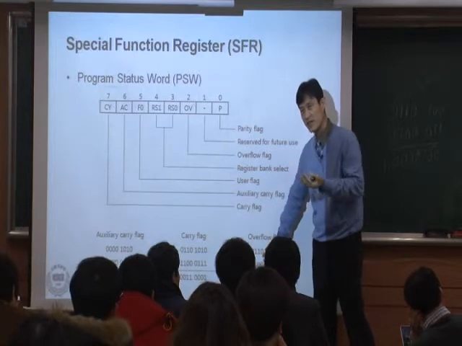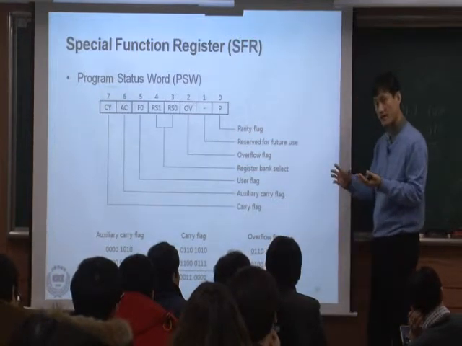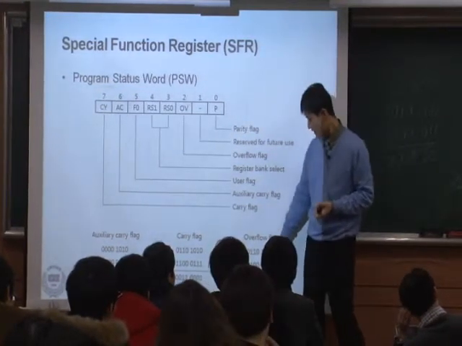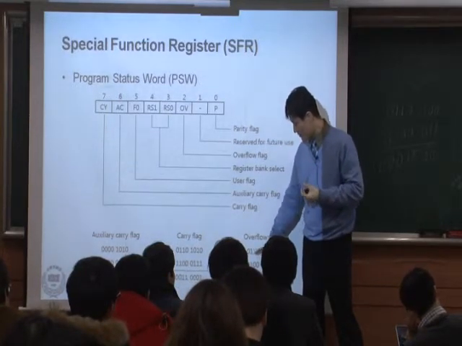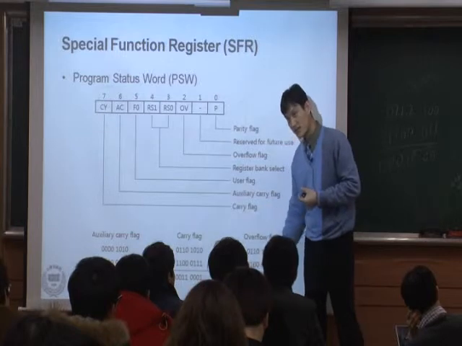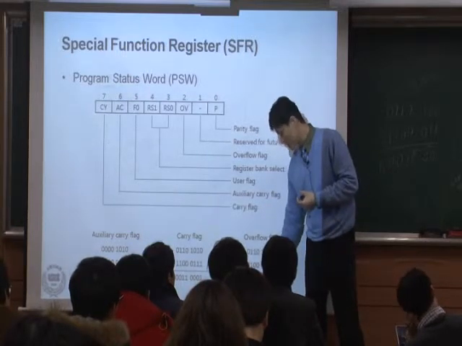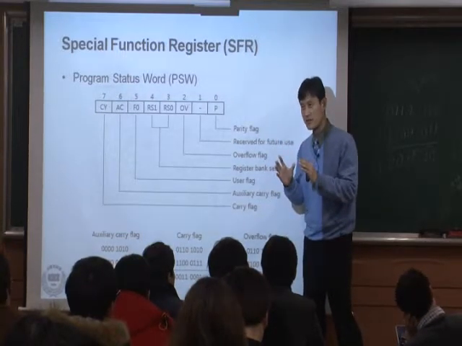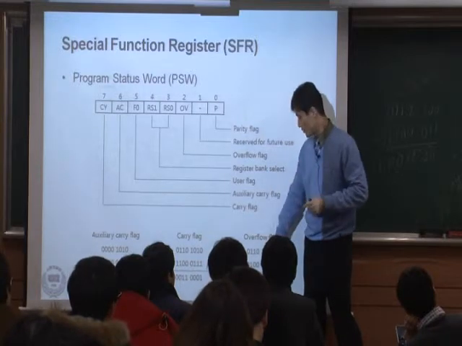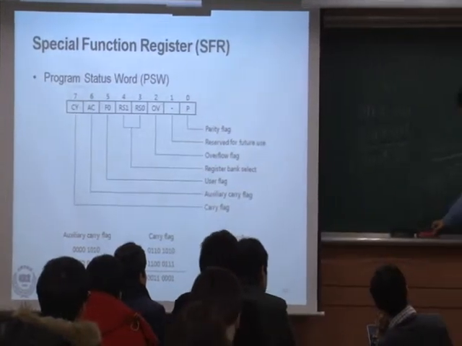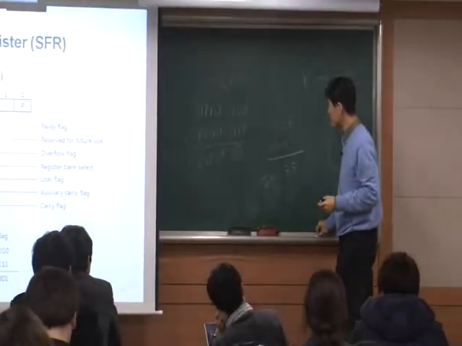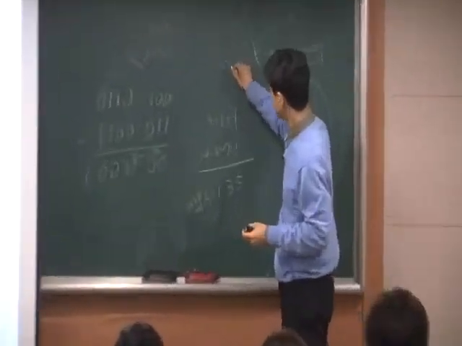Okay, let's say we have signed numbers. Because we are using signed numbers, this is a positive number. This is a positive number. And the result, we still use signed numbers, right? So we are expecting to get the right value. For example, in this case, right? Let's say we consider it as a signed number.